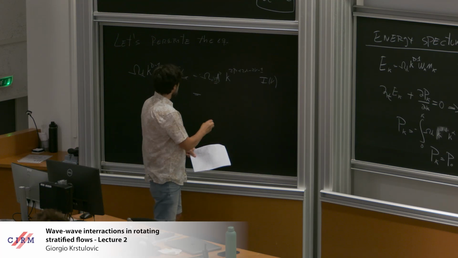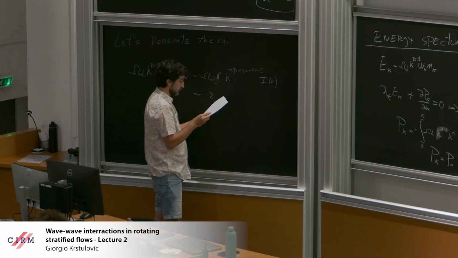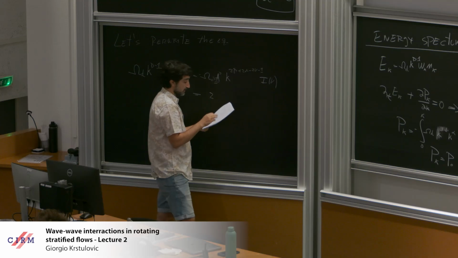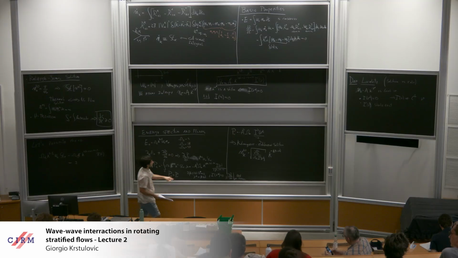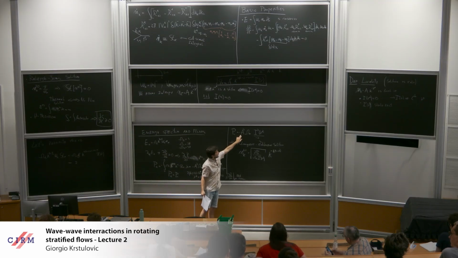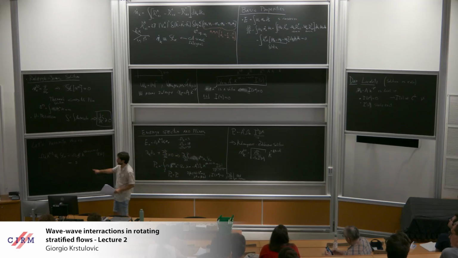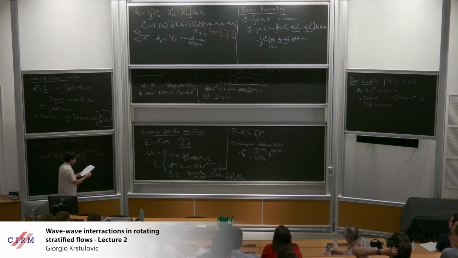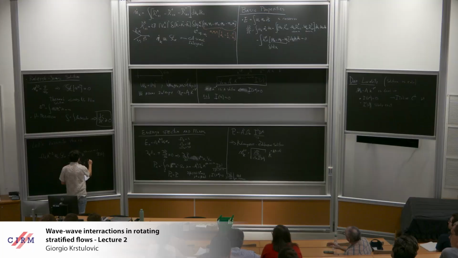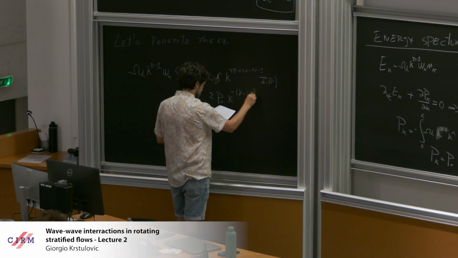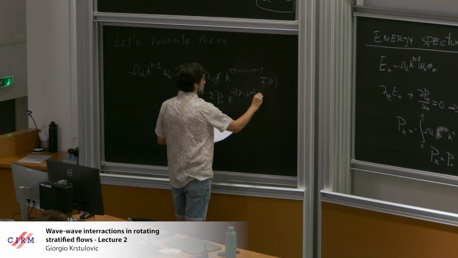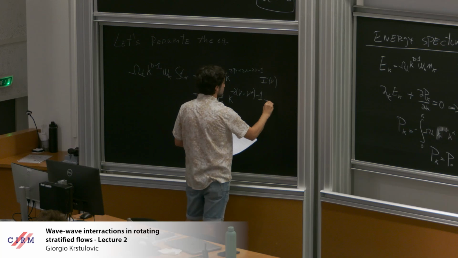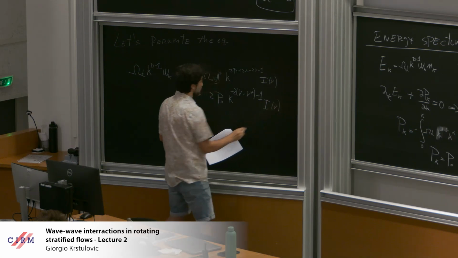If I replace everything, I will just take my A from here and replace it in this solution, and that will just give me k to the minus nu star minus 1 times I of nu, okay?